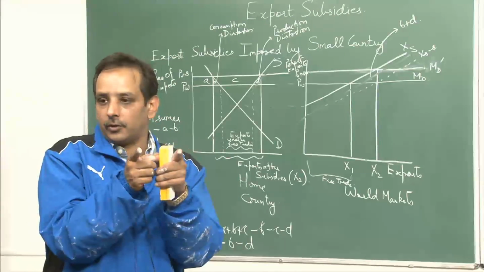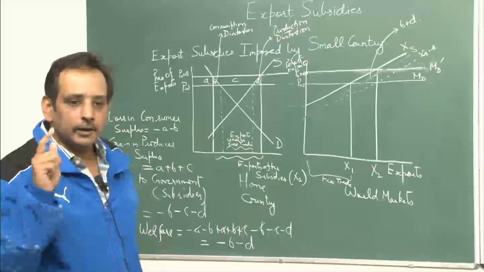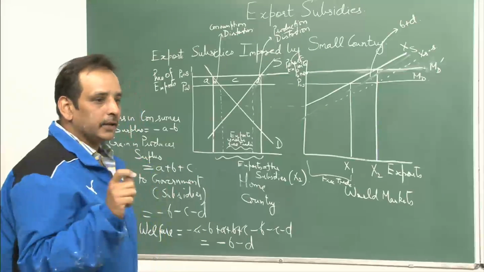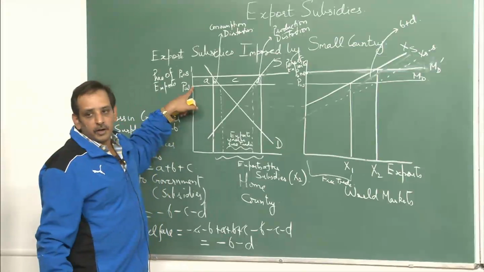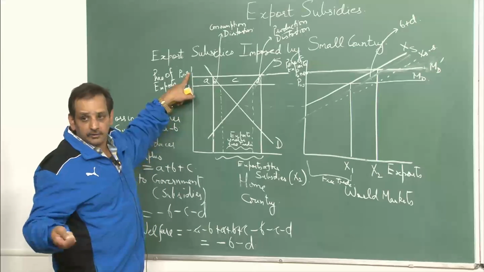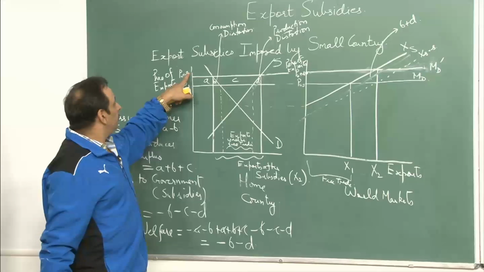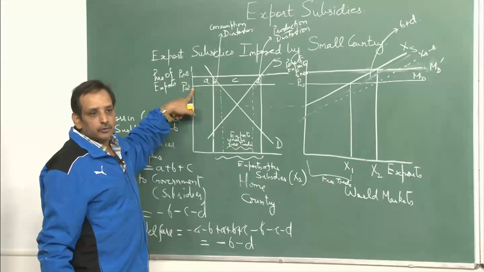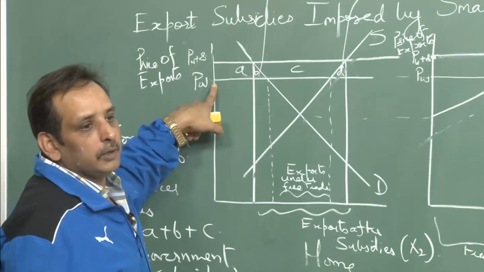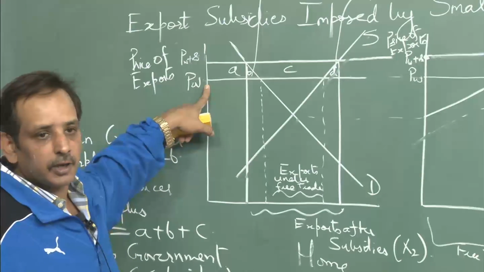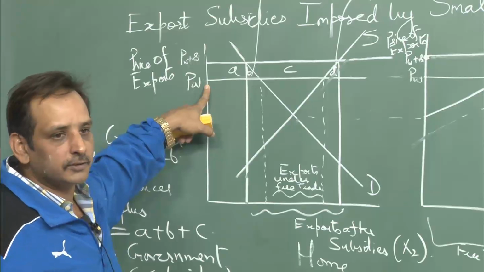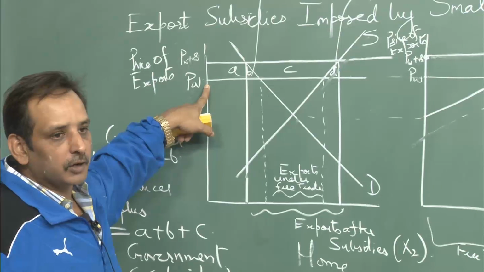the exports do not increase by that amount, because remember the price that the producers charge is still PW, not PW plus S. That is what they will receive. They will produce more, but what they will charge is PW, because they can do anything with their produce: they can either sell it domestically or sell it in the international markets.